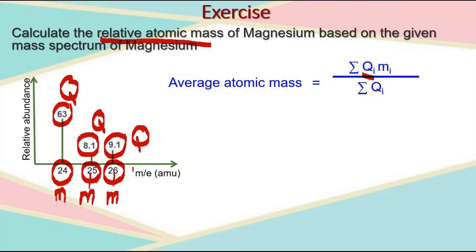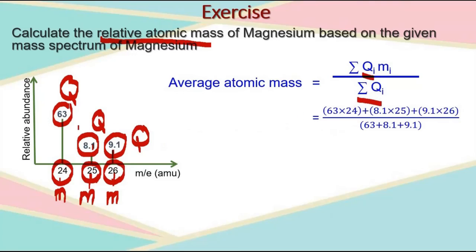So we can substitute the values. 63 times 24 plus 8.1 times 25 plus 9.1 times 26, divided by summation Qi, where summation Qi equals 63 plus 8.1 plus 9.1. By using the calculator, you get the final answer for this part equal to 24.42 AMU.